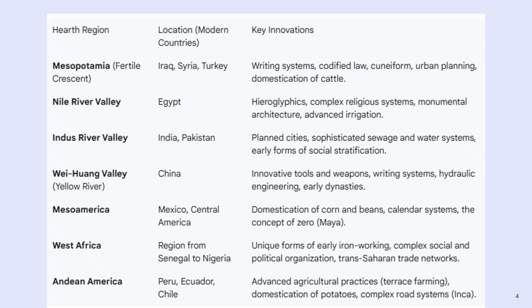We have in West Africa, from Senegal to Nigeria, evidence of early ironworking there, complex social and political organizations, trade networks that were established there. And then in the Andean region of South America, Peru, Ecuador, Chile, we have more advanced agricultural practices like terrace farming, domestication of some crops like potatoes, and a complex road system.